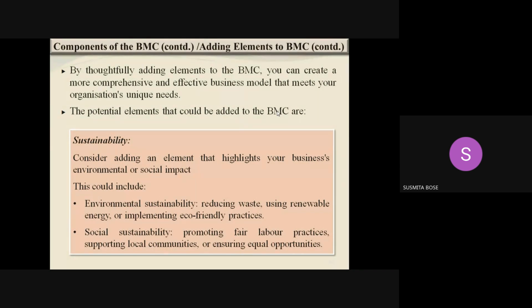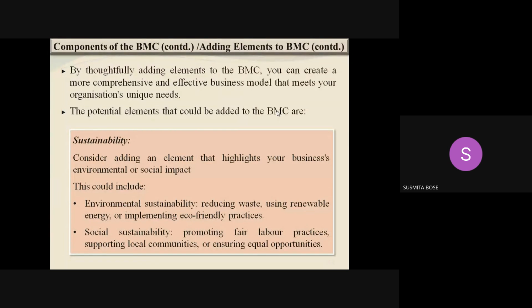The potential elements that could be added to the BMC are, for example, sustainability. We have not seen the word sustainability in the BMC. So you can consider adding an element that highlights your business's environmental or social impact. What will be the environmental or social impact of the product that you are launching?